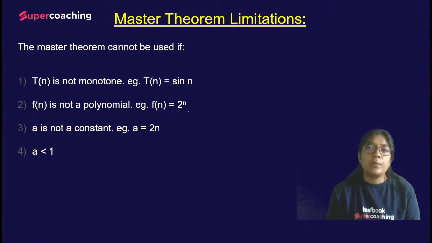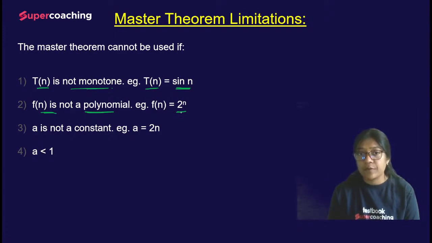So there are some limitations with the master's theorem, basic master's theorem. First of all, T of n should not be non-monotone, that is, T of n is equal to sin n. Such functions we cannot solve; we can only solve the recursive functions. And f of n should be a polynomial. Master's theorem works when your function is a polynomial.